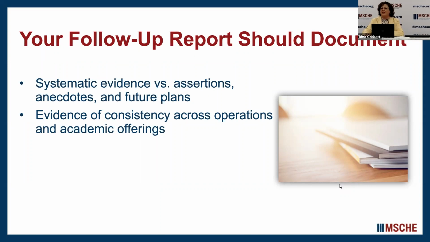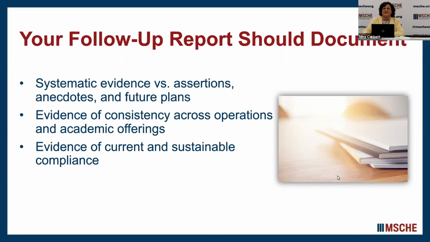An example: if the commission action includes issues related to standard 5, you want to make sure you demonstrate compliance with standard 5 throughout all academic offerings, though you may choose some of the programs to provide an example of how you are implementing your assessment processes at the institution.